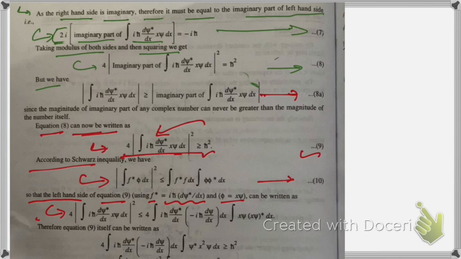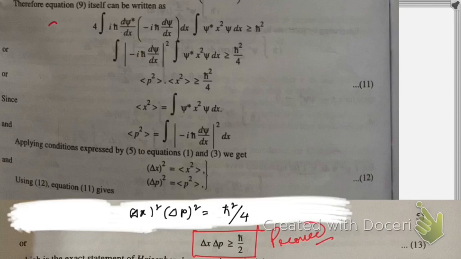So now the equation itself can be written as, now let's move on to the next slide. So this is equation number 9 we can write.